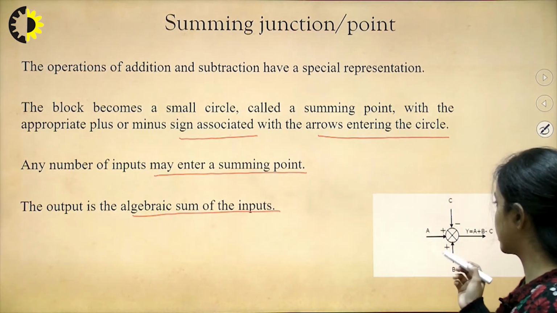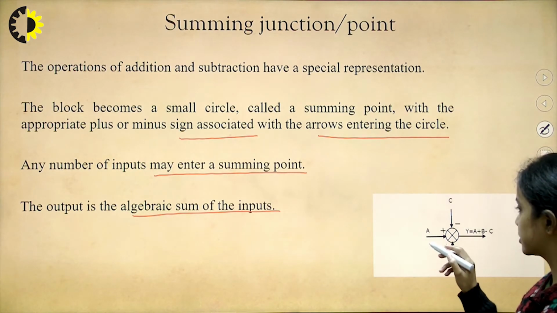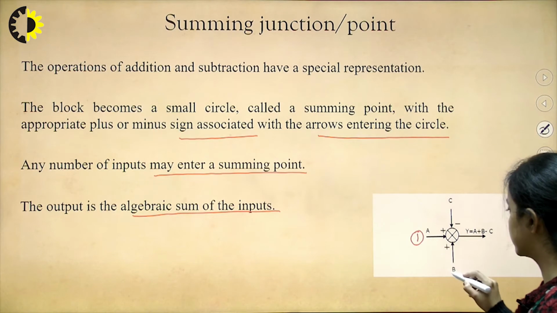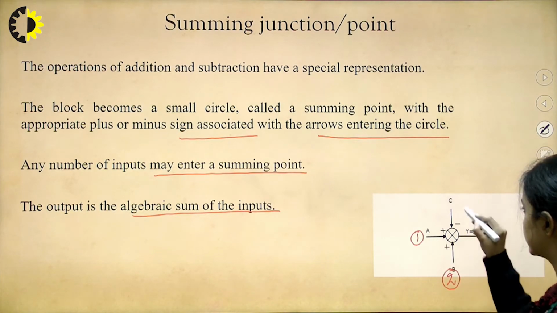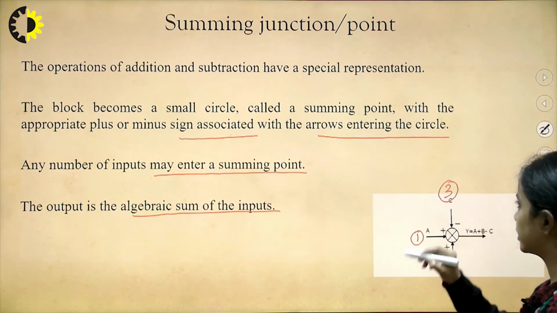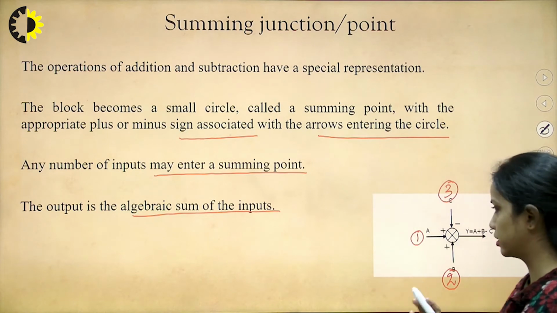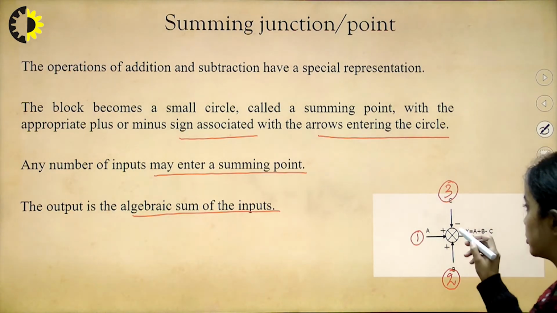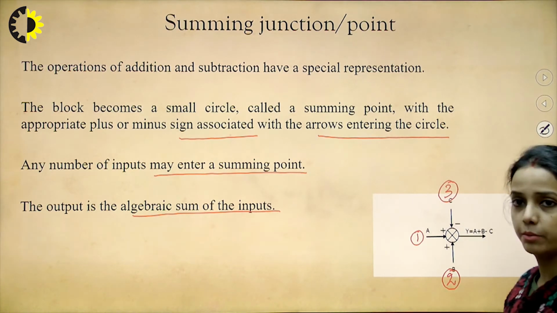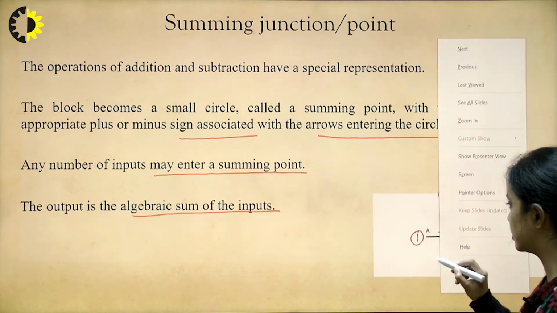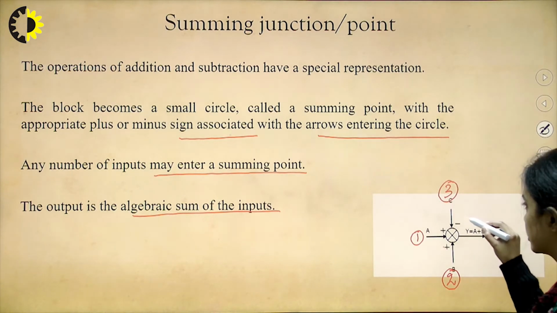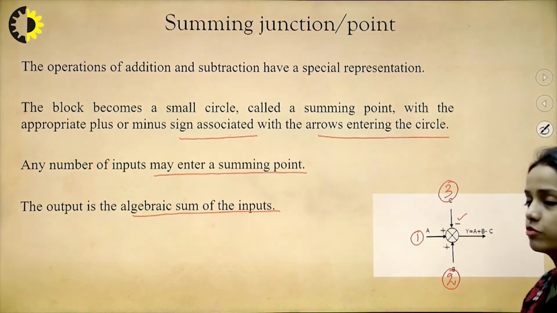In this example we have three vectors: this is 1, this is 2, this is 3. We are making the algebraic sum. A and B are coming with a plus sign, but C is coming with a negative sign.